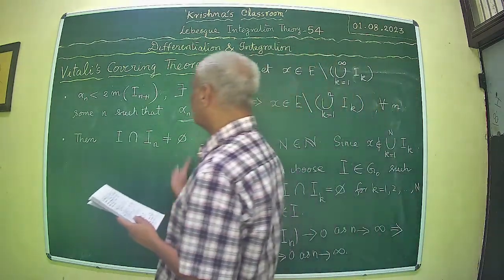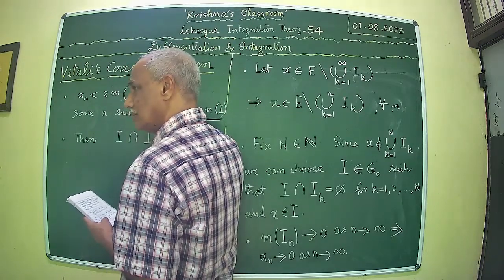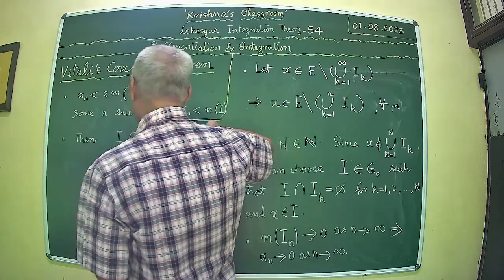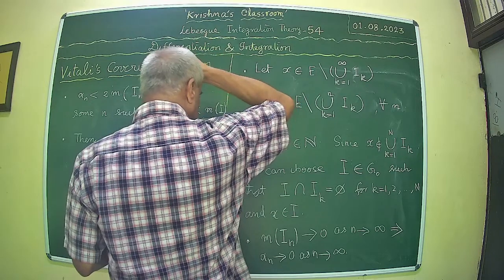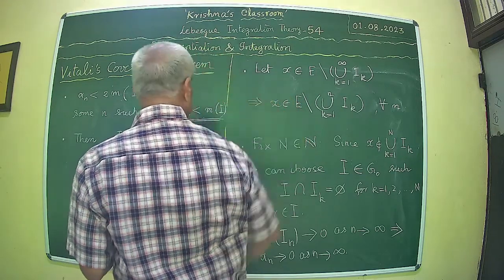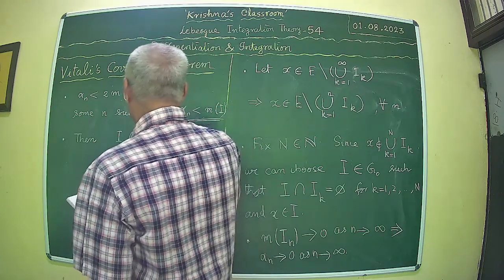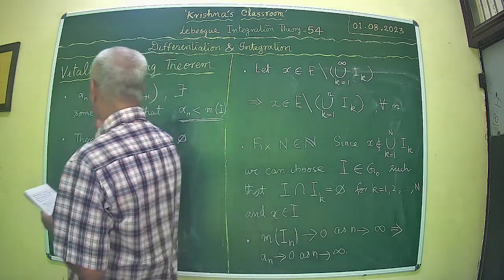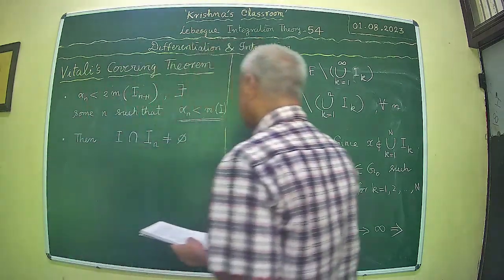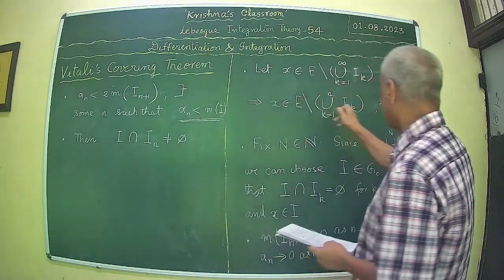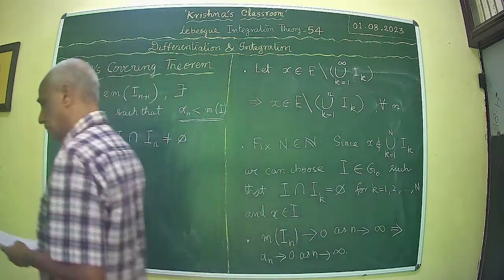So if you are choosing any I which contains the particular x that is left out in this discussion, then that I should not have this property. If this is so, then by our choice, the intersection with I_1, I_2, and so on up to I_n is going to be empty. So that's how I_{n+1} will be chosen.